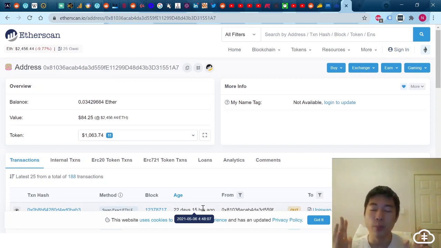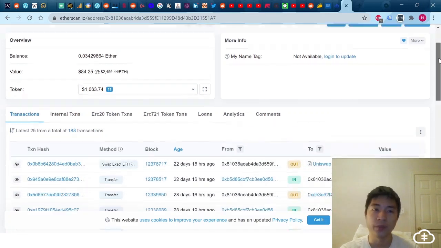The benefit is everything is public. If you sent coins to someone, and they're a business and you want to make sure they're a legit business, that they're not just going to take the money, and you're curious about what other transactions they've done, everything is public here on Etherscan.